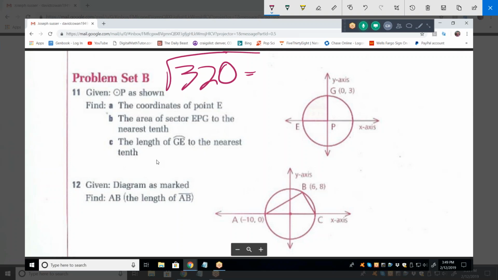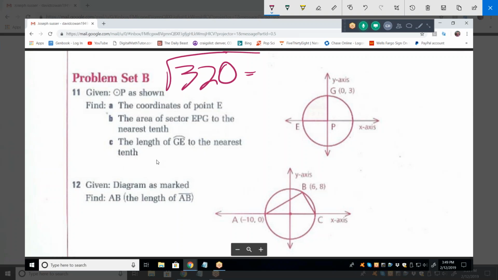I did 4 times 80. What's another perfect square number? Keep going up. What's the next one after 4? 9. Right? 9 does not divide into that.